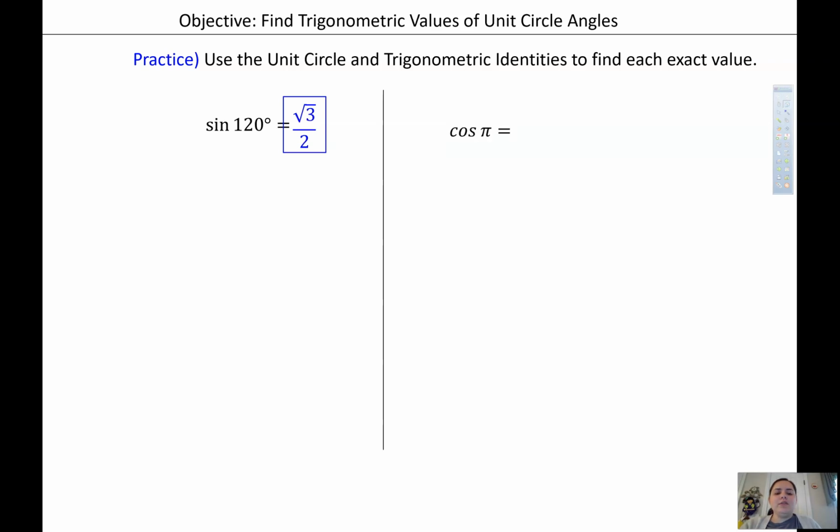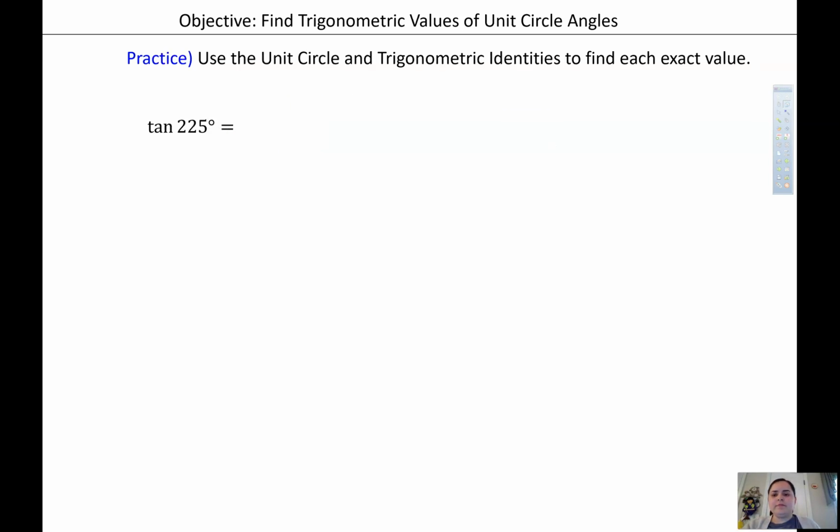All right, and then cosine of pi, that's your 180, it's pi. Cosine, that's the x, is -1. And it's just practice again. 225, that ends with 5, so that's a pi over 4. It's in quadrant 3, so tangent is going to be positive. And then it's root 2 over 2 over root 2 over 2, so it's going to be 1.